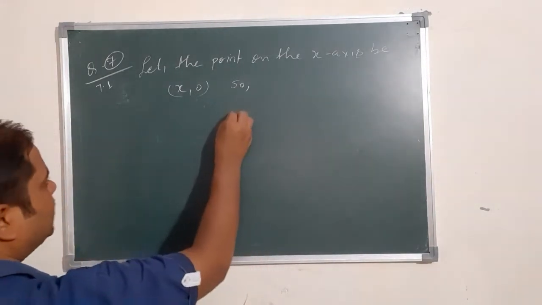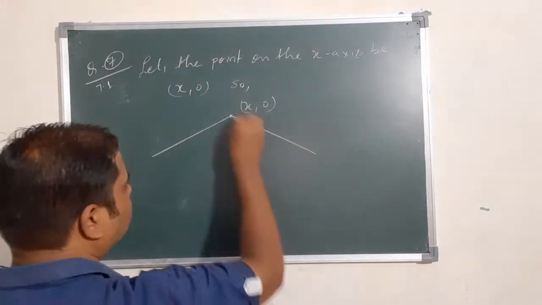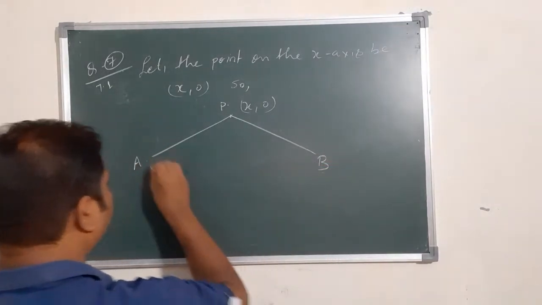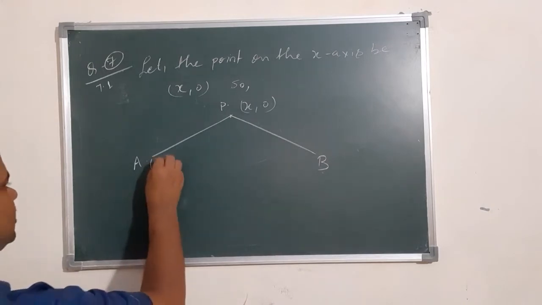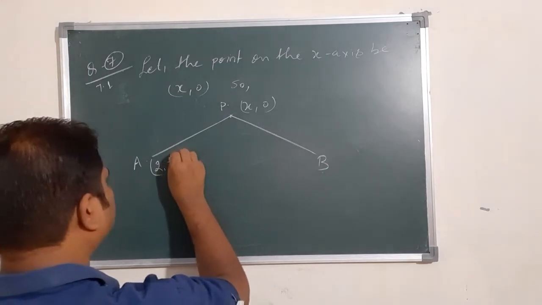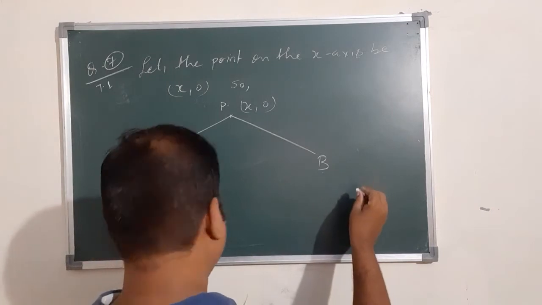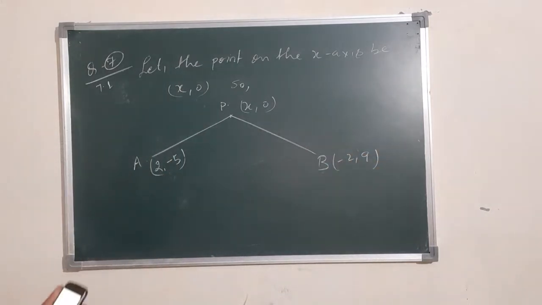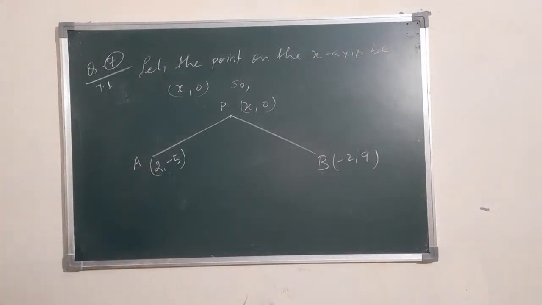This point (x, 0), the equidistant point, let it be P. This is A and this is B. So A is nothing but (2, -5) and B is nothing but (-2, 9). Okay, so what is the condition? They are equidistant from the point P (x, 0).